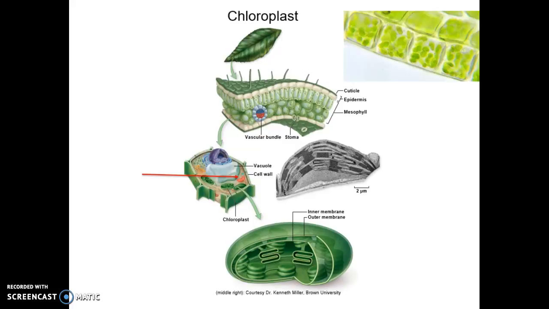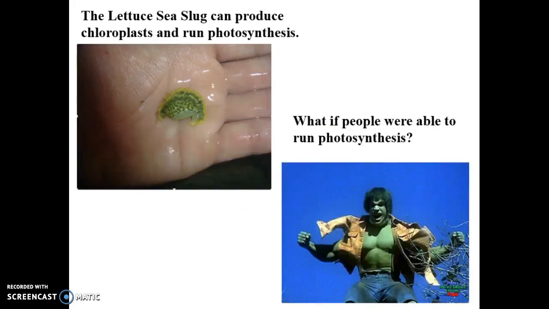So here's an example. This little sea slug here in my hand, it's a slug. It's similar to the snails and slugs we have living in Illinois in our backyards. But this little guy's a marine slug, lives in the ocean. It crawls around eating algae.